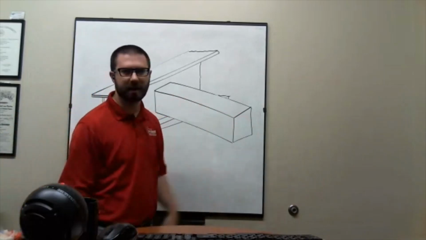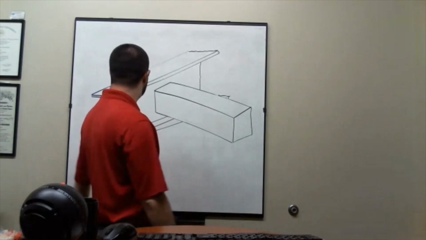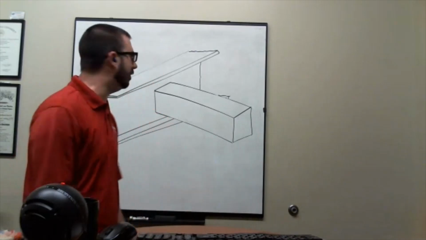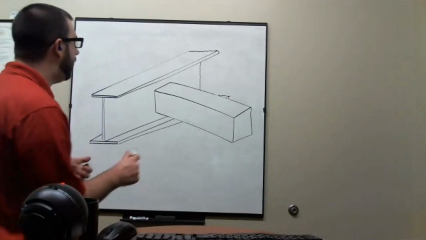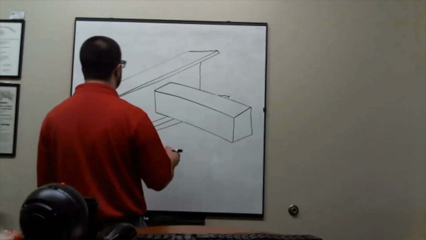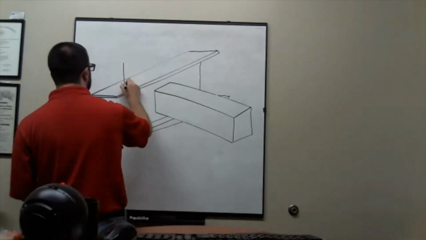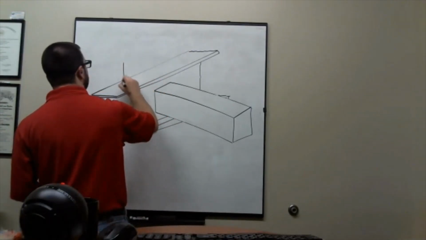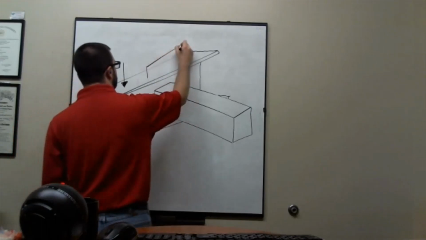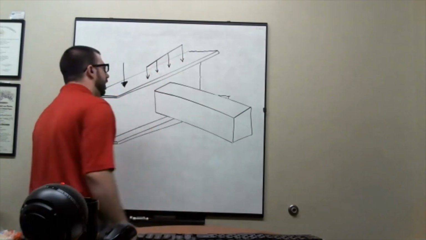I just drew this as a block, just because a rectangular section was a little easier for me to draw. Now, up until now, we've handled concentrated forces or distributed forces. So if this was the beam I was looking at, you could handle a load like this, or some sort of distributed load, something like that.